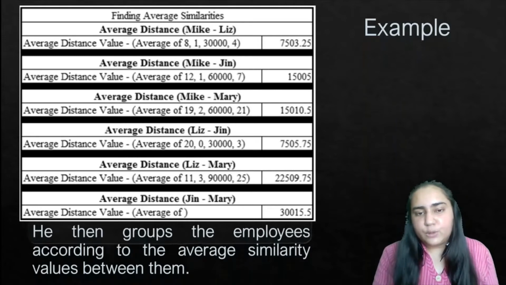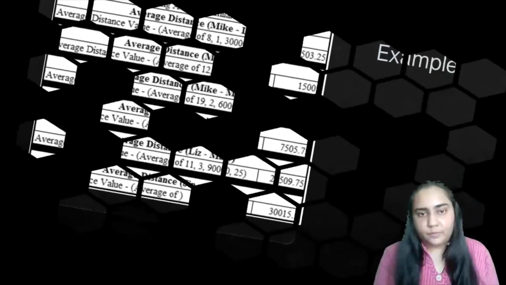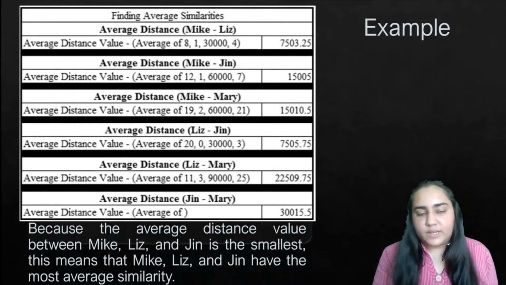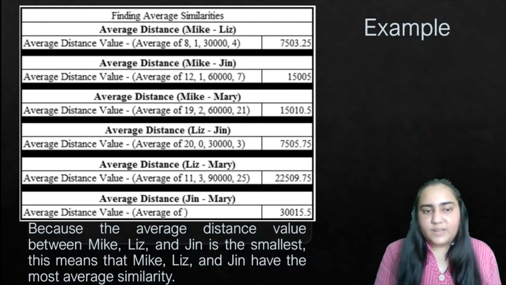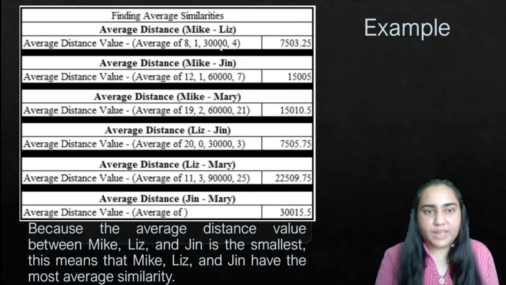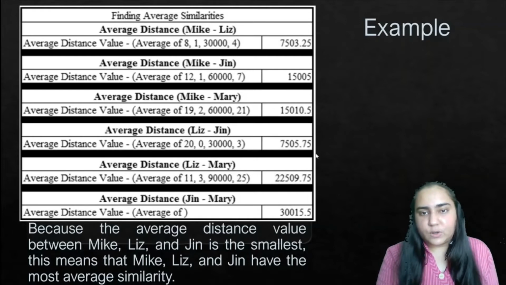Now he's going to group the employees together according to the average similarity values between them. Because the average distance value between Mike, Liz, and Jin is the smallest, the similarity values between Mike, Liz, and Jin are the smallest. You can see Mike and Liz comes here. Then you have Liz and Jin, which is also smallest.